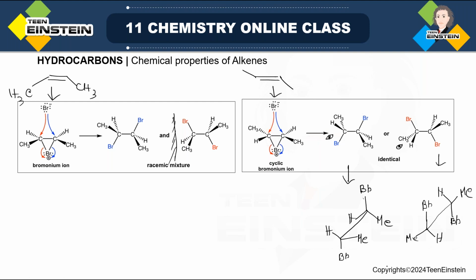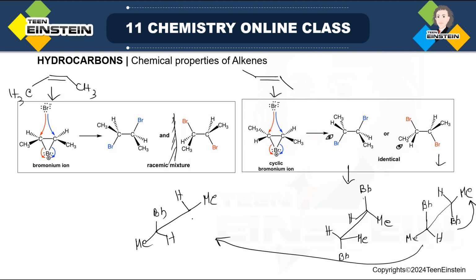Now, if I rotate the molecule, see what I'm trying to say by rotate. The back carbon, if I'm changing its position like this, now what you will get? You will get the front carbon I am not disturbing. Actually, you can also do RS nomenclature. That way also you will be able to understand whether it is the same molecule or not.